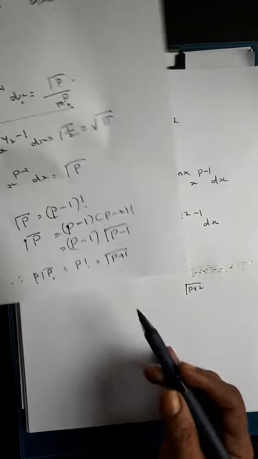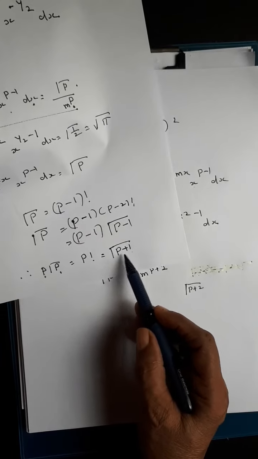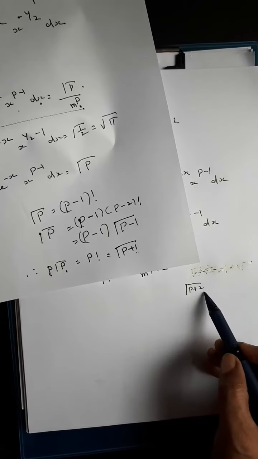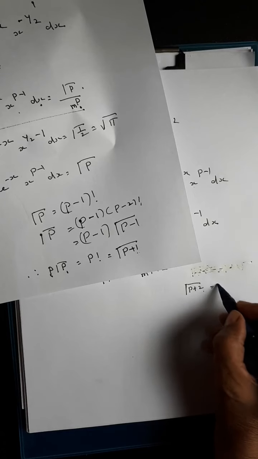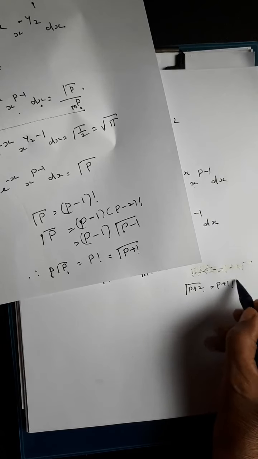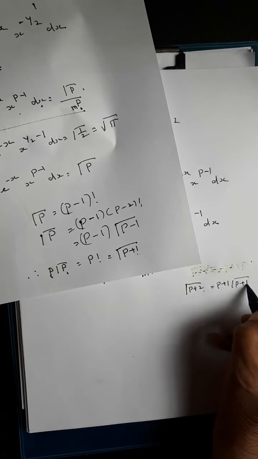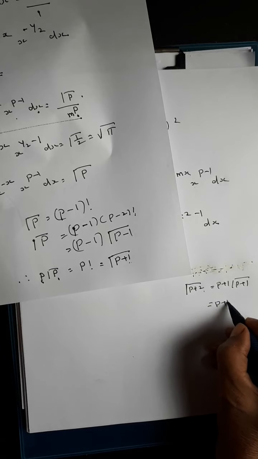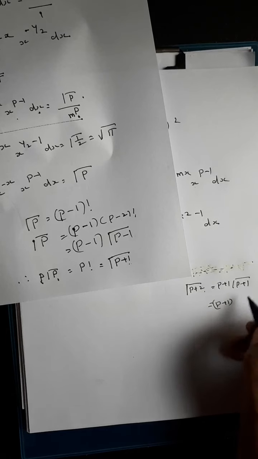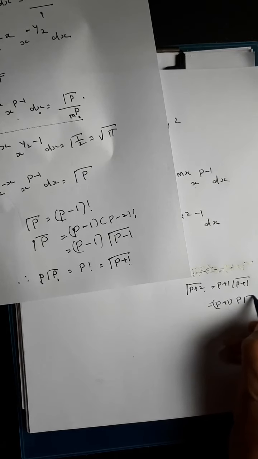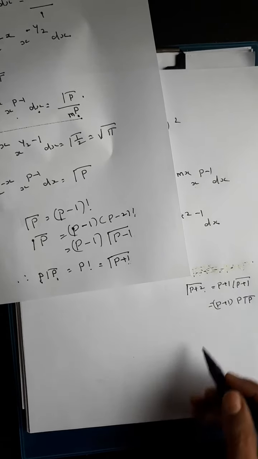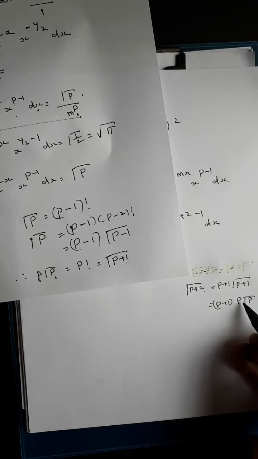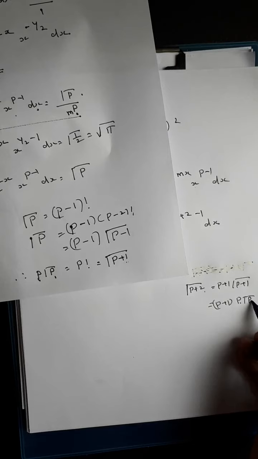Then what is gamma p plus 2? We know that gamma p plus 1 is p into gamma p. Therefore, gamma p plus 2 is equal to p plus 1 into gamma p plus 1. Again we can rewrite gamma p plus 1 as p into gamma p. So gamma p plus 2 becomes p plus 1 into p into gamma p.